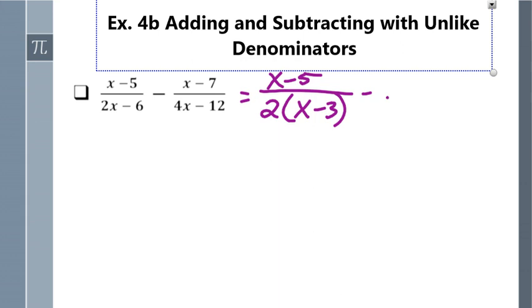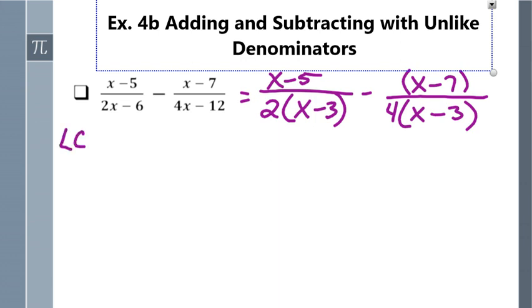And subtracting that from there, factor out a 4. That leaves you with x minus 3. I have x minus 7 on top. Now if we look at our denominators, we have an x minus 3 in both of them.